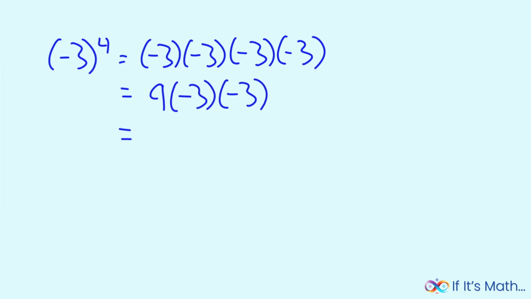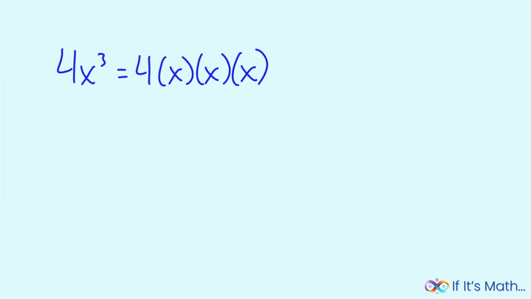So my 9 times negative 3 is going to give me a negative 27 times negative 3, which will give me a positive 81. So you can see that's why it's really important to pay attention to where those negative signs are.